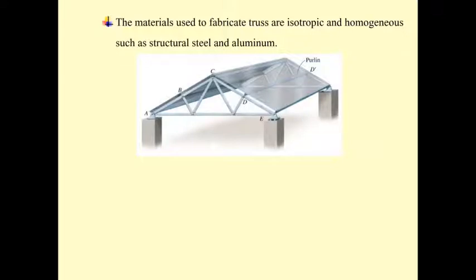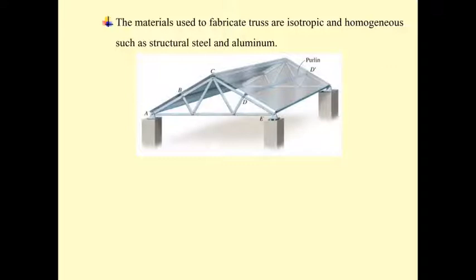And next, most of the trusses that you may see, the roof truss and the bridge truss, are built by using steel or aluminum. For buildings, most of the trusses are built with structural steel.